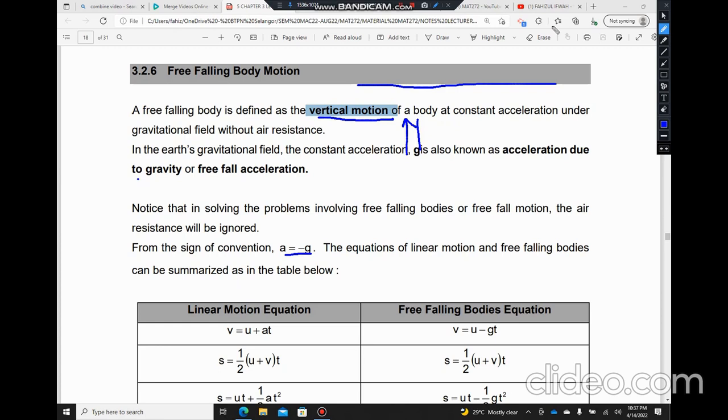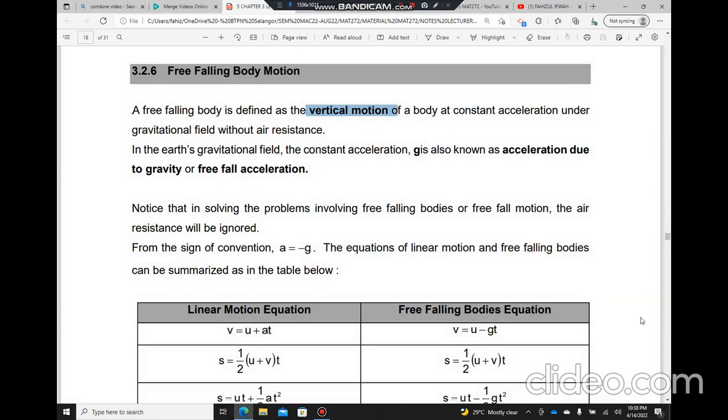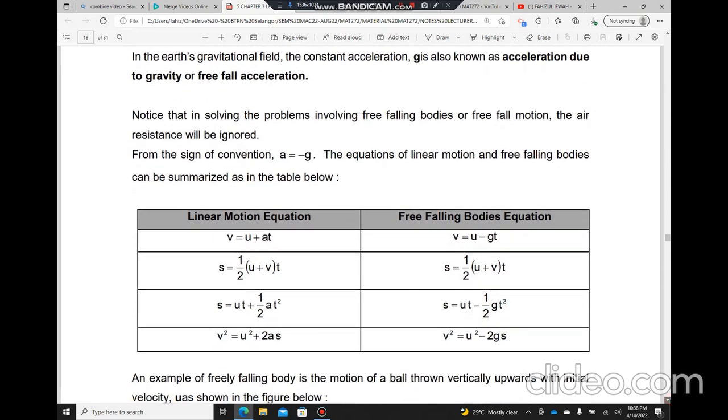So tadi kita dah tengok 4 formula untuk 3.2.5. So sama juga, yang ni pun still lagi ada 4 formula yang sama, cuma kalau kita bezakan kat sini based on this table, we have linear motion equation and free falling bodies equation. Dia cuma beza dekat a.